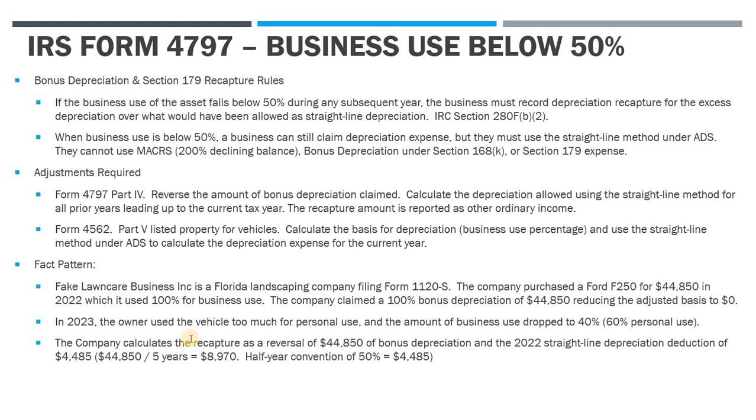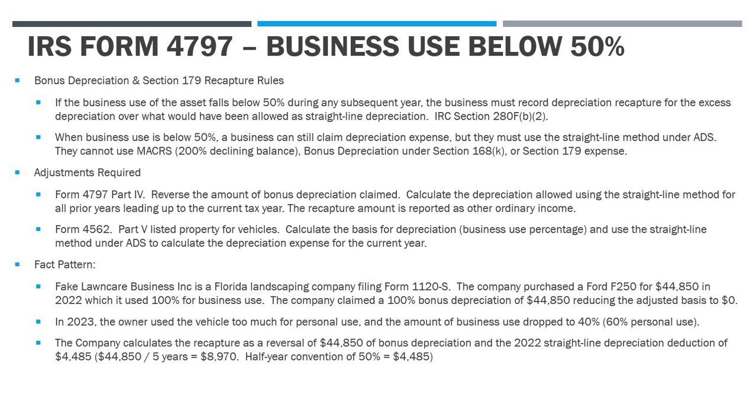Then in 2023, the owner was using the vehicle too much for personal purposes, and so the business use dropped from 100 to 40%. So business use is 40%, 60% personal use. So the company has to reverse the $44,850 of bonus, and then they recalculate the depreciation as if straight line was used from the very beginning.